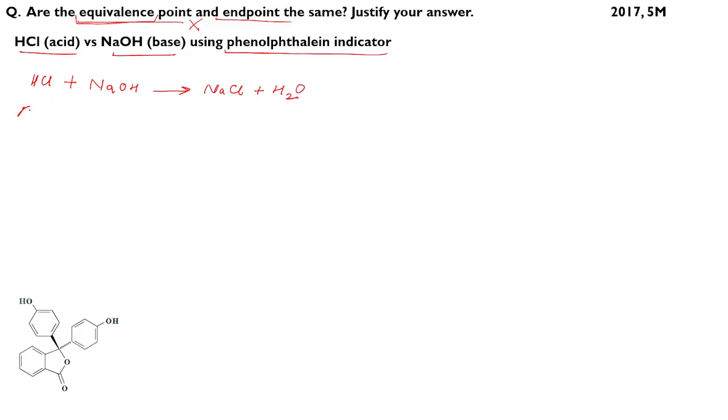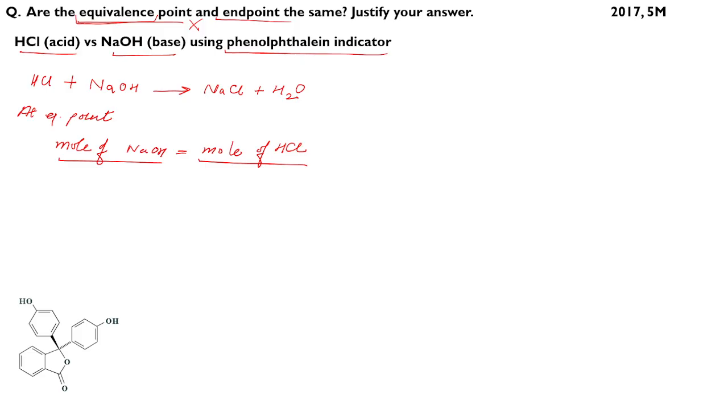And at the equivalence point, what will happen? The moles of NaOH should be equal to the moles of HCl. Okay, so this is the equivalence point.